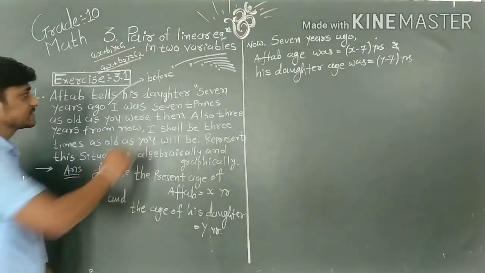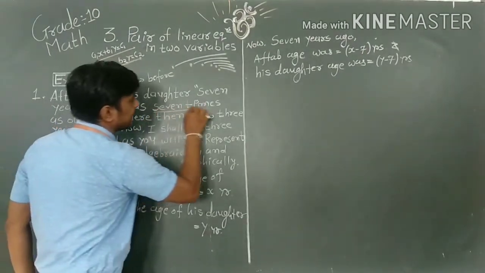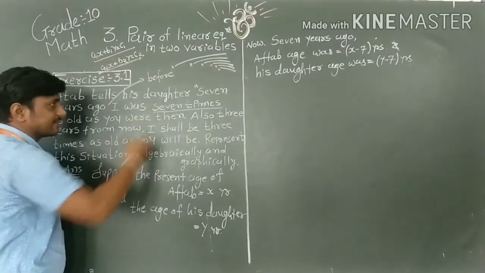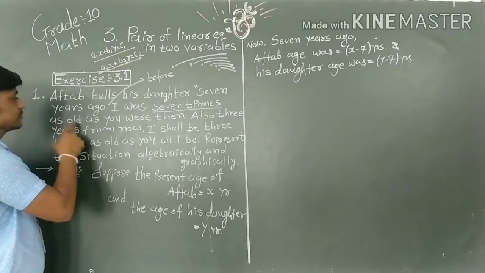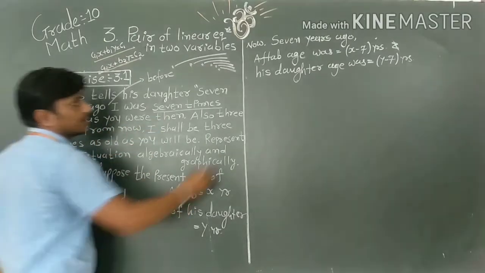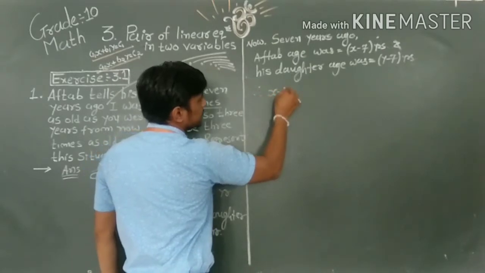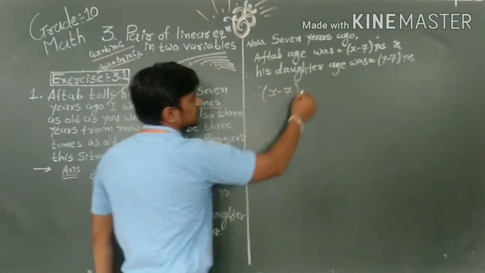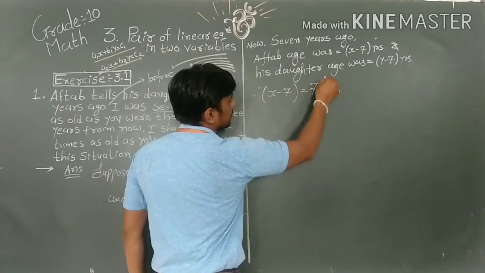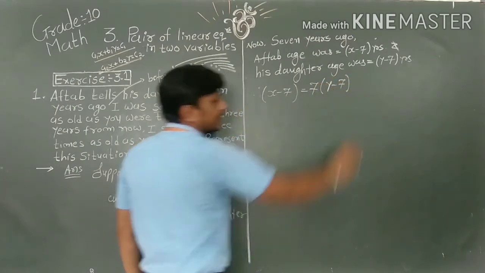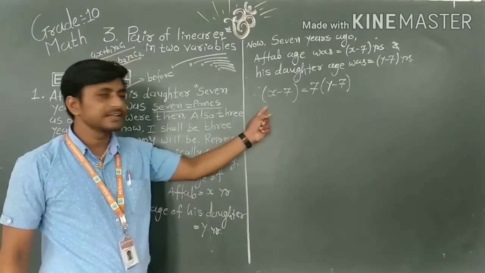Now we apply this condition. Aftab says, I was 7 times as old as you were then. Therefore Aftab's age was 7 times his daughter's age. Now this is our first equation.